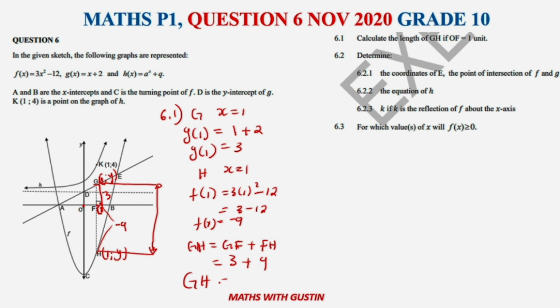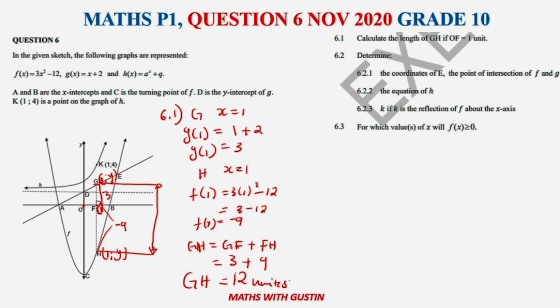Therefore, GH is equal to 9 plus 3, which is 12. Then we can just say units there because we don't know how many units those are. I think it's fairly straightforward, guys. If you know how to follow analytically, you should be able to deal with this one. If you've got questions, please let me know.